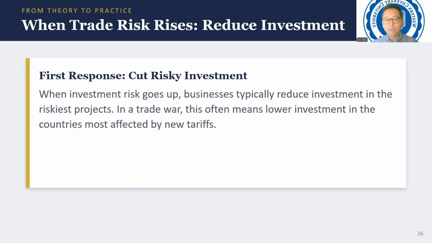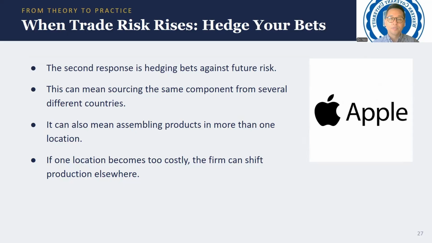If tariffs might rise sharply, or if the rules of trade might change suddenly, a company does not want too much money tied up in a single uncertain location. This is a completely rational response for an individual company. But as we will see soon, it can create real costs for the global economy as a whole.